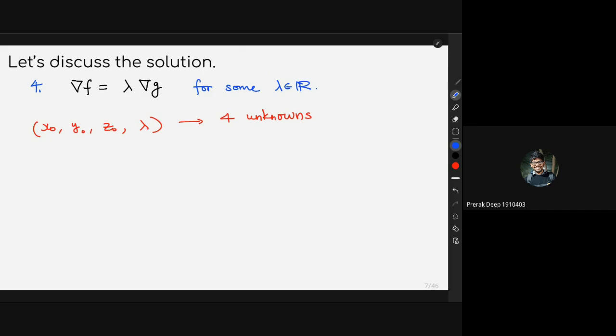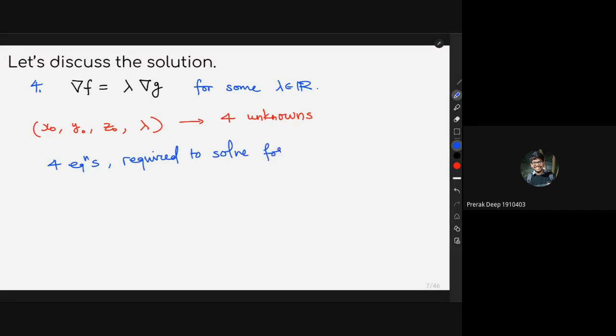We need four equations. Four equations are required to solve for these four unknowns.